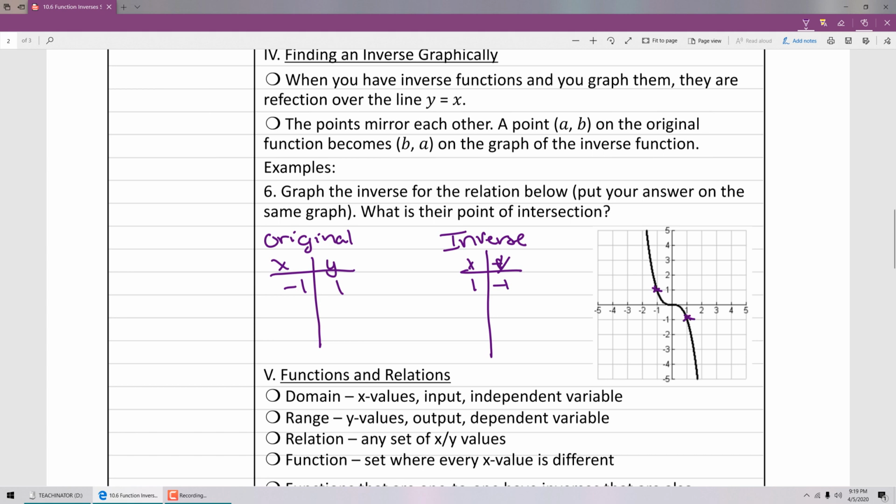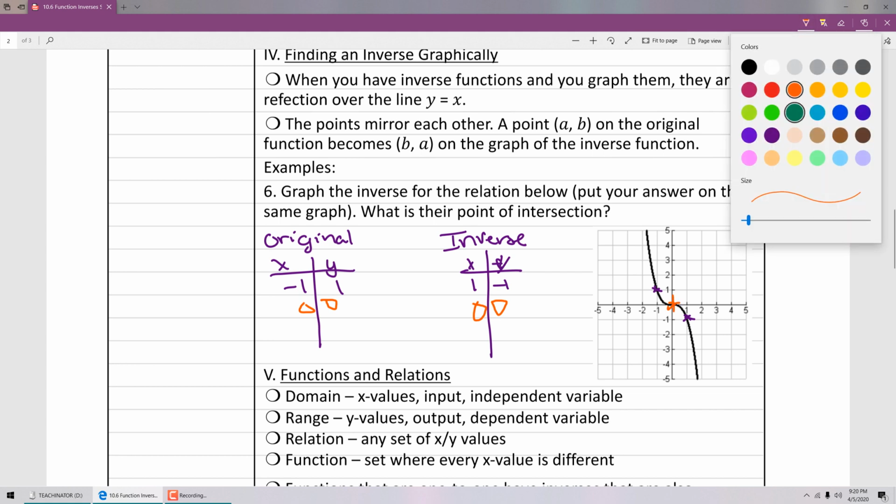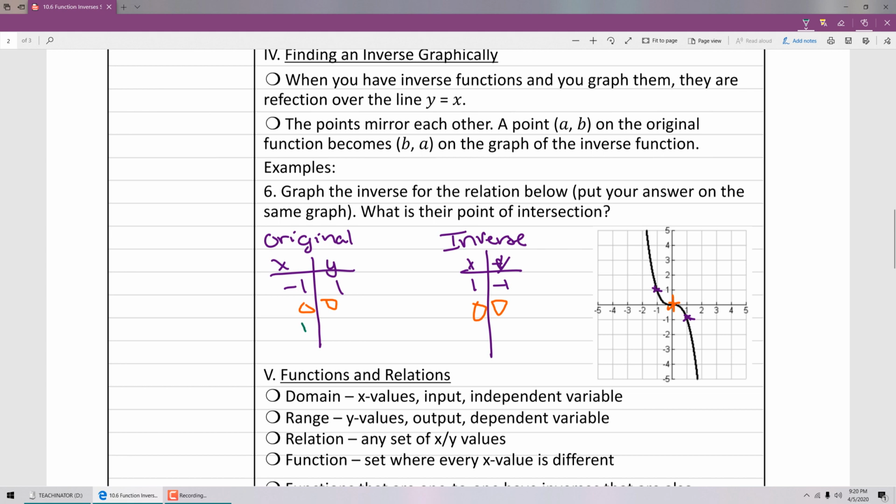Then our next point, 0, 0. Let's do 0, 0, 0, 0. So that point would be the same. Alright, then if we do 1, -1, so that was this point here, it's going to get mirrored up to here, -1, 1. So these end up being the same line. So all other points would be intersections.